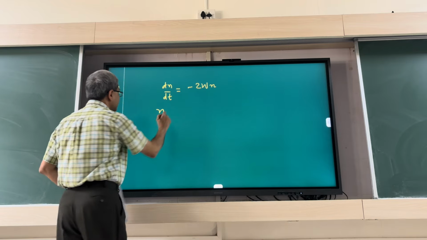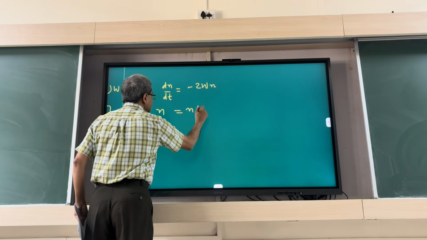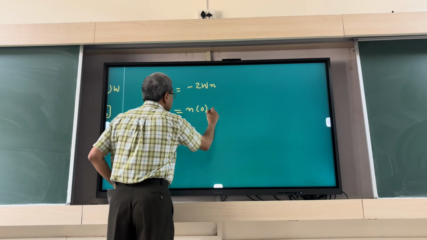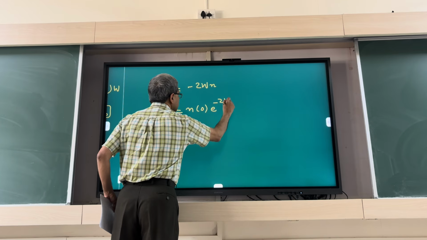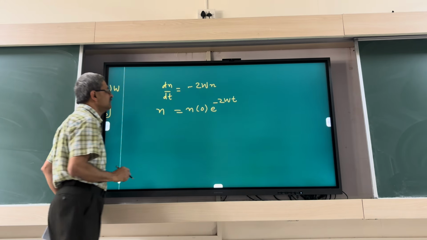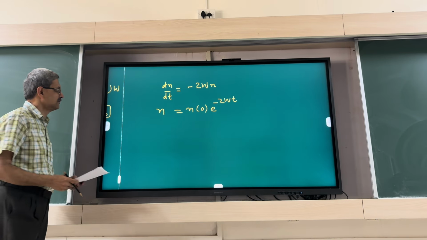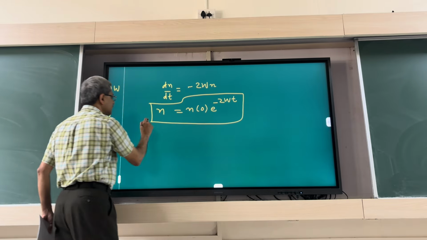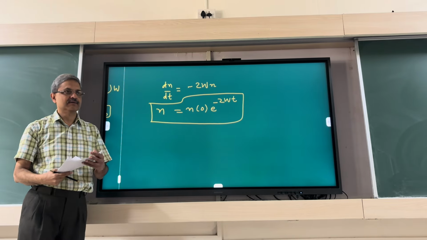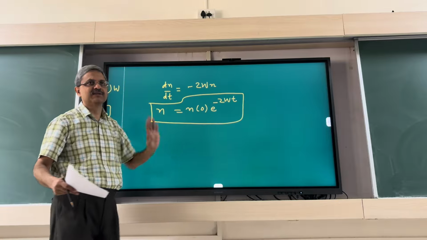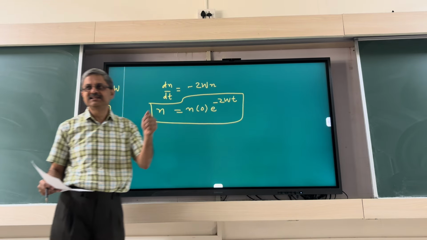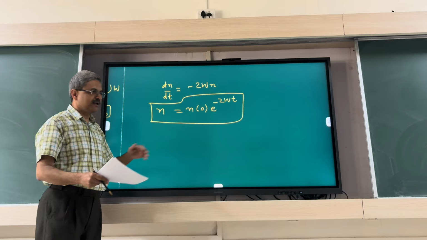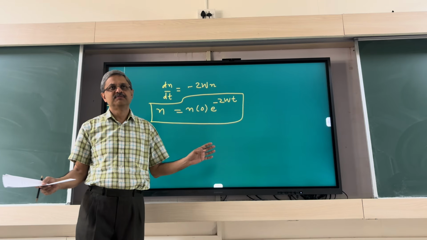So you'll get n as some n naught e to the minus 2Wt. If you don't have any interaction with the lattice, and you have this AC field, eventually the population difference will become 0.